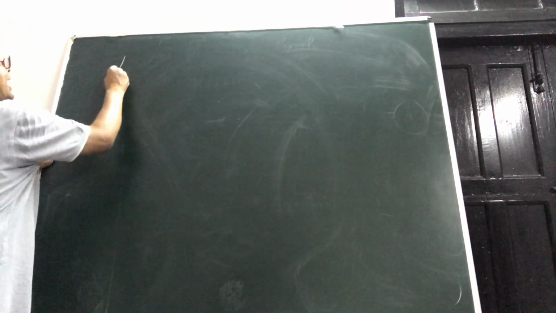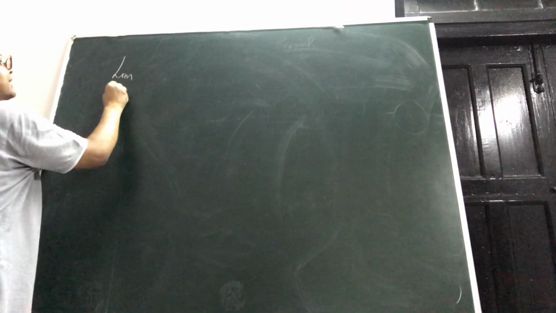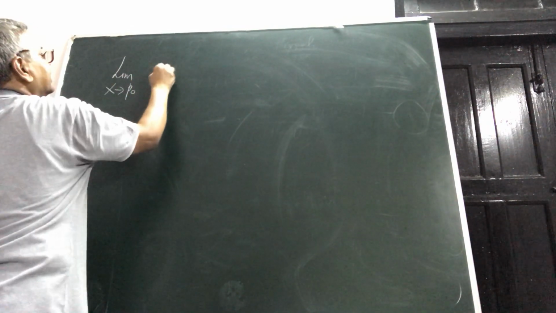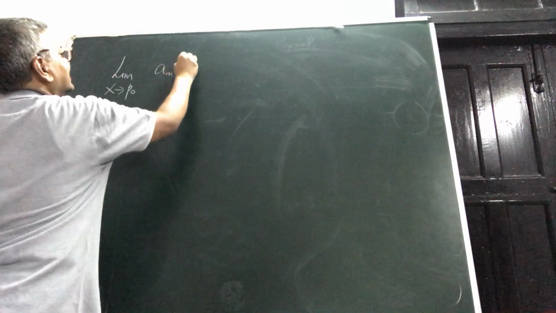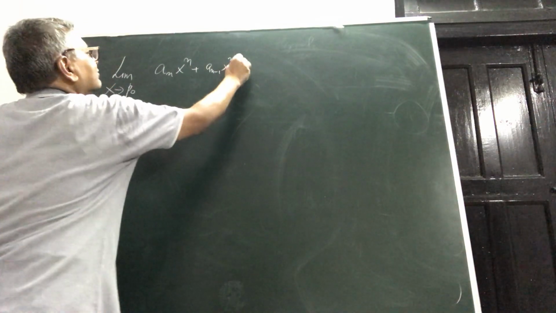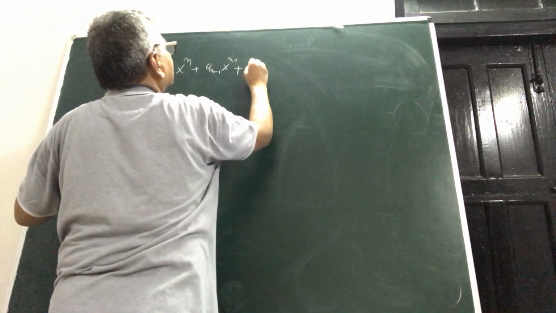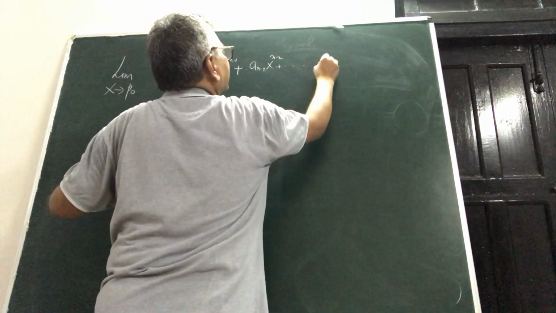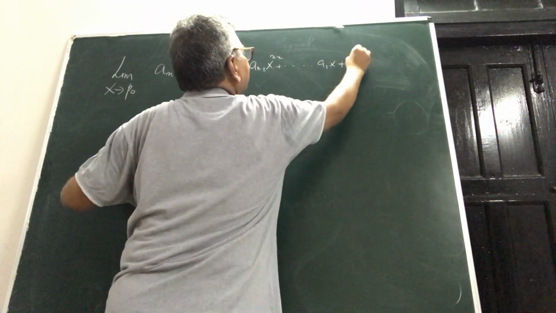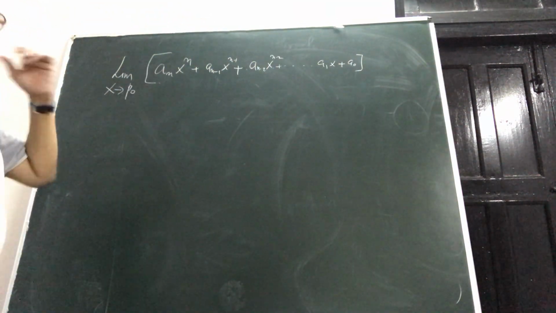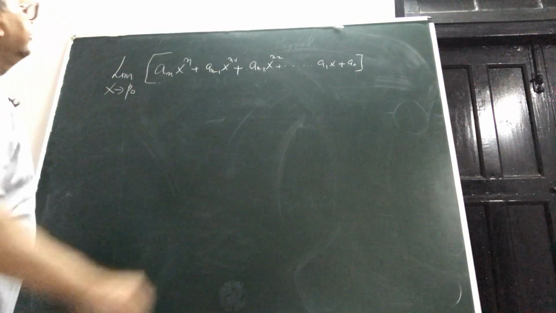Yes, the next result is an important result. It shows that the limit as x tends to p naught of a_n x raised to power n plus a_(n-1) x raised to power n-1 plus a_(n-2) x raised to power n-2 plus ... plus a1 x plus a naught, which is some polynomial of degree n, is equal to nothing but its functional value.